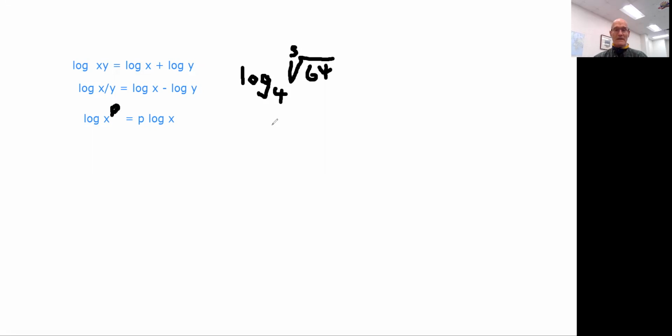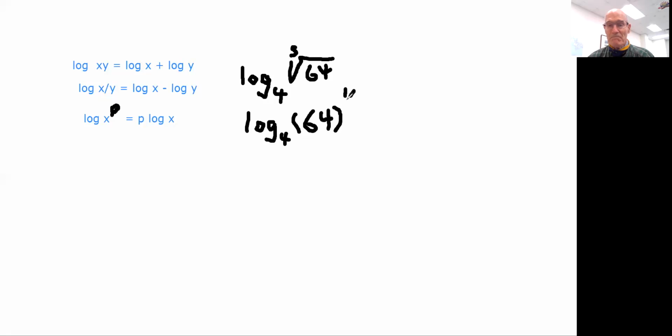Then I can rewrite this and take my log base 4 of the fifth root and change the fifth root to an exponential, or a rational exponent. So I get the log base 4 of 64 to the 1/5 power.